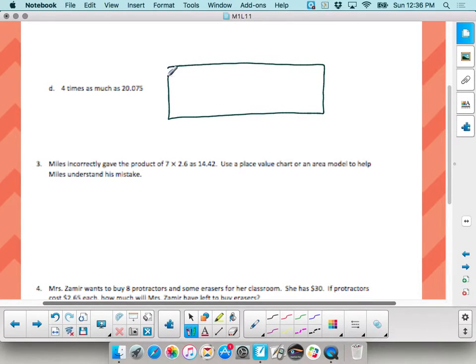Sorry, I said place value chart, but I meant area model. Okay, so 4 groups of 2 tens. Now notice I'm not putting anything on the area model for the zeros. So I have 7 hundredths and 5 thousandths.